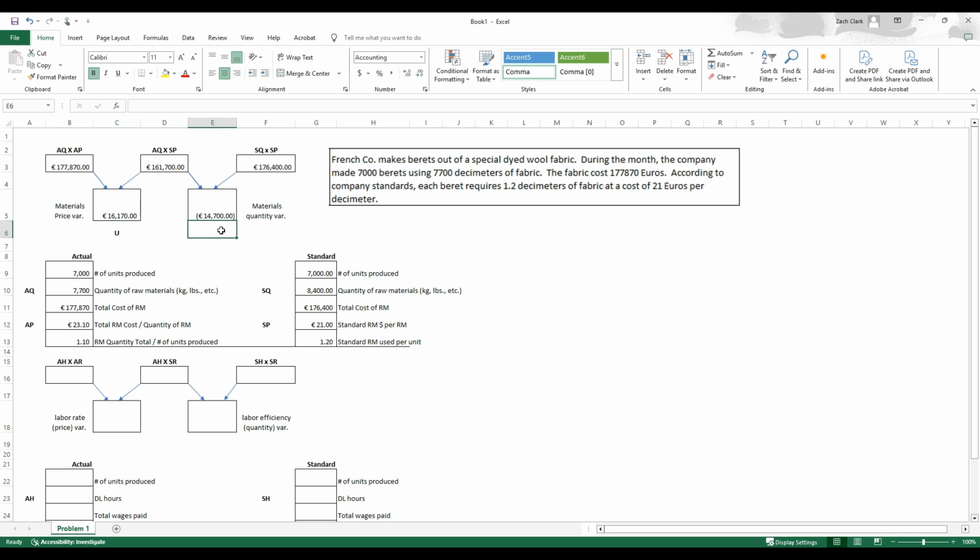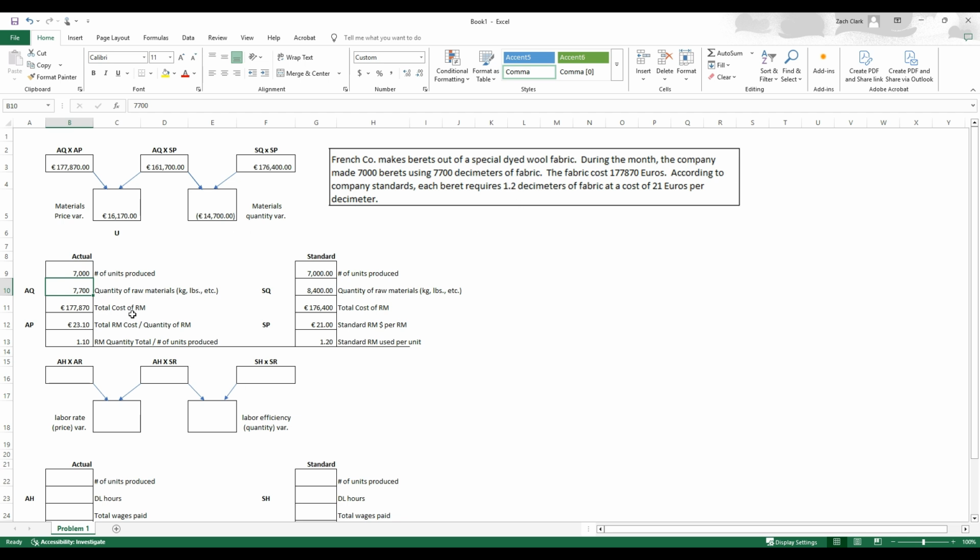And let's step back and look at that and think about what that represents. In both of these problems, SP is the same, right? That's our standard price. But what we're looking at here really is the actual quantity versus the standard quantity. And so we were able to make this many units with only 7,700 decimeters of fabric.